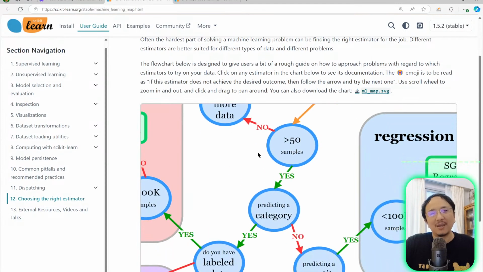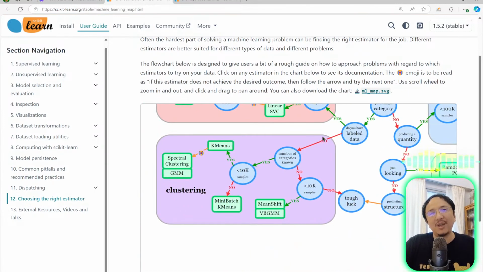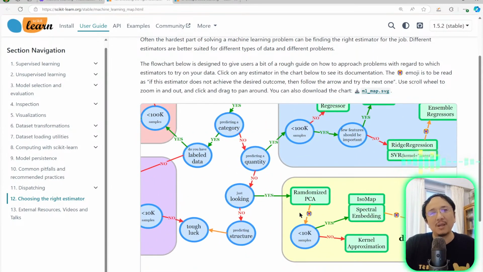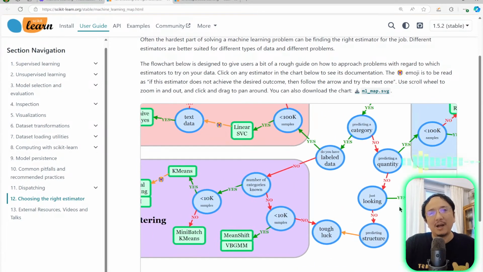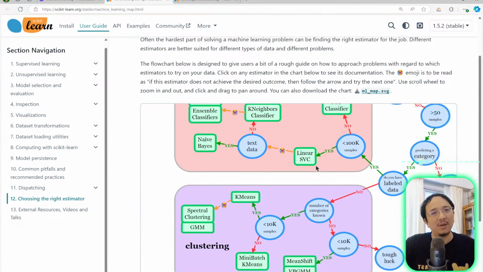If yes, then does your job involve predicting a category? If yes, you go here to see if it is classification or clustering. If not, it's probably regression or maybe dimensionality reduction. When you go into classification, you can simply follow this guide to heuristically choose the classifier that is most suitable for your case.